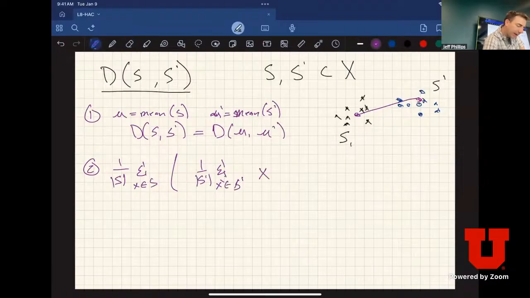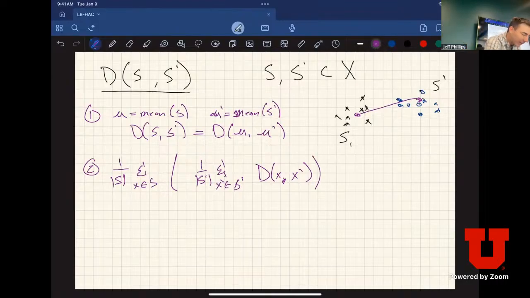So I can now do the distance between X and X prime, right? So it's the average. I've averaged over all the points in S and all the points in S prime, the distance here.